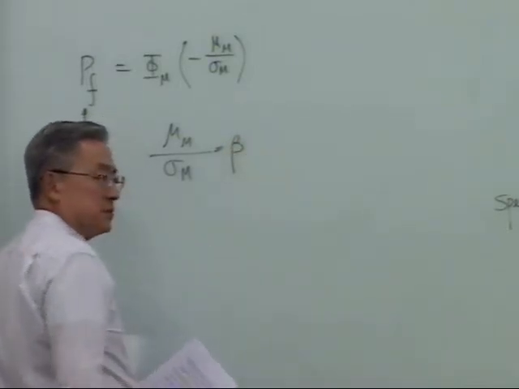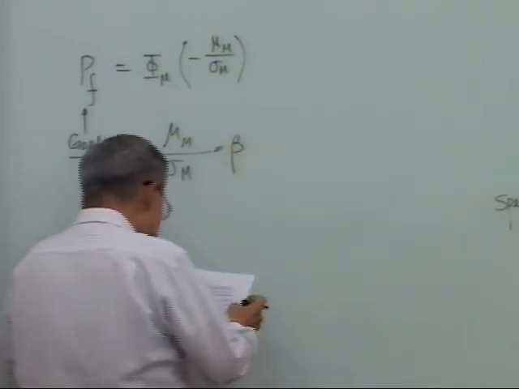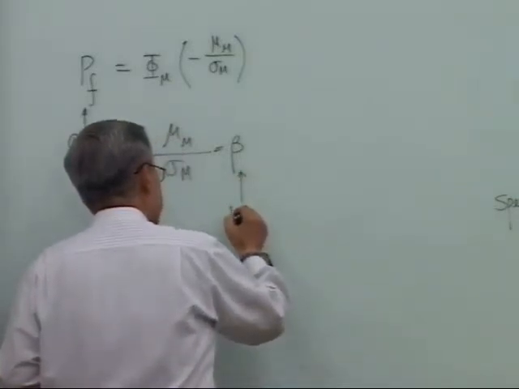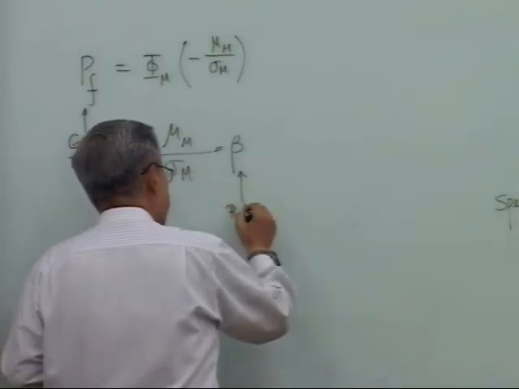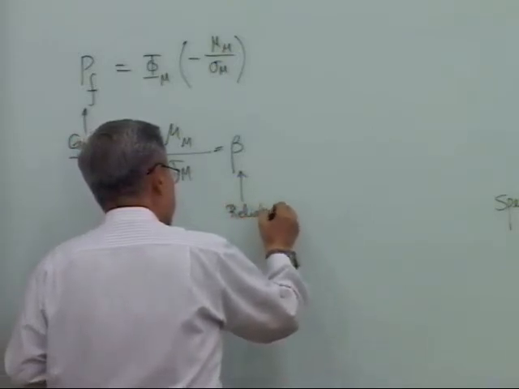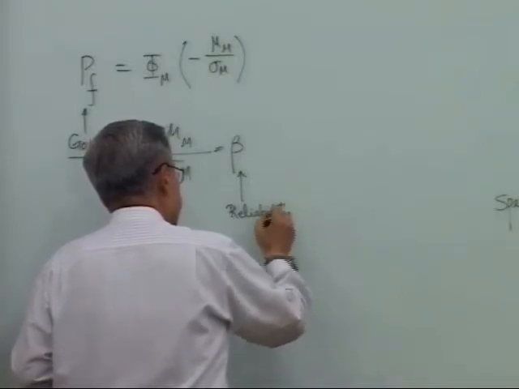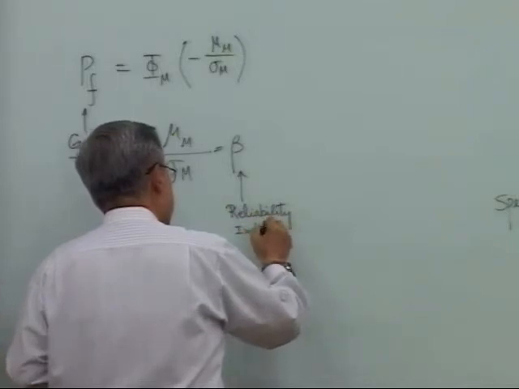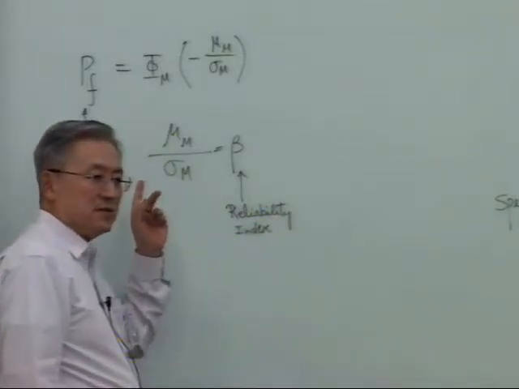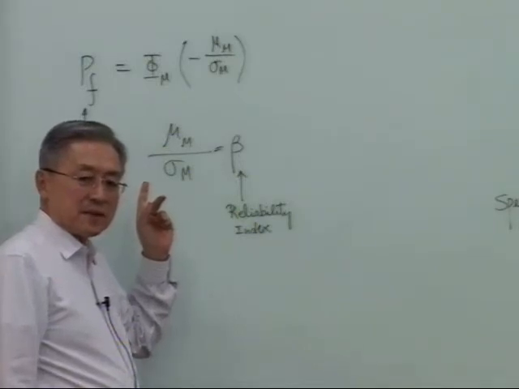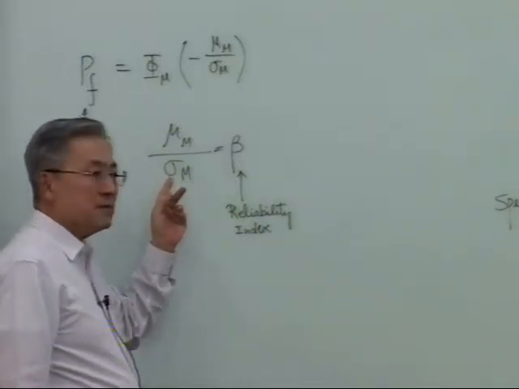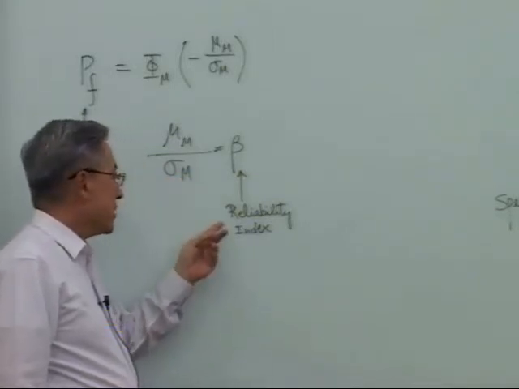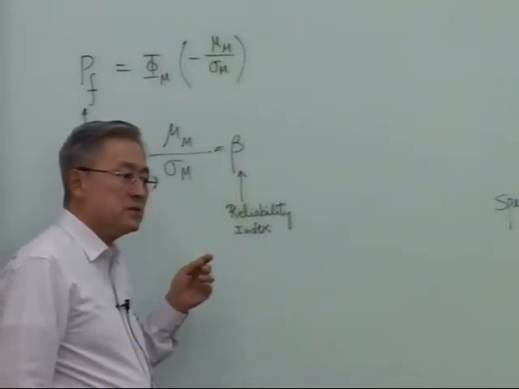Let's call it beta. This beta is called the reliability index. This reliability index, if you look carefully, the inverse of the reliability index, beta, is equal to what?